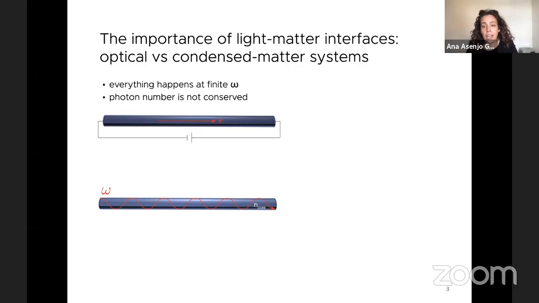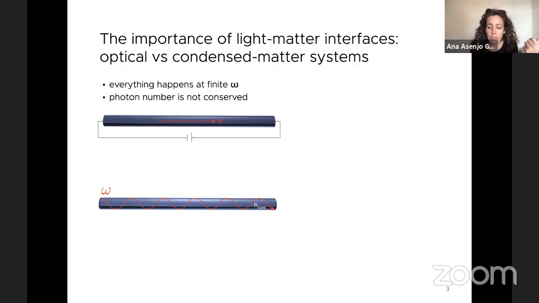And in particular, a very important distinction is that photon number is not conserved. If we have, for instance, a copper wire and we put a potential difference, the electrons will move. And if we shine a laser into a fiber, we will have a similar transport of photons, again at a given finite frequency.